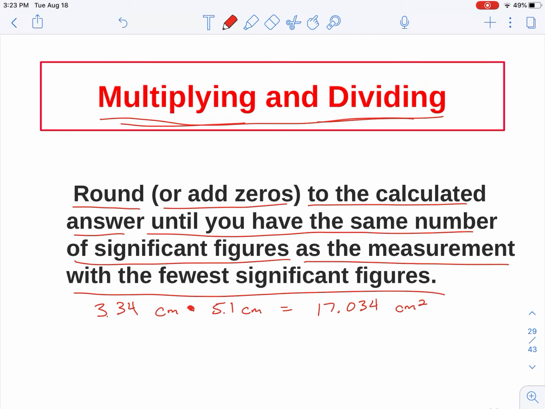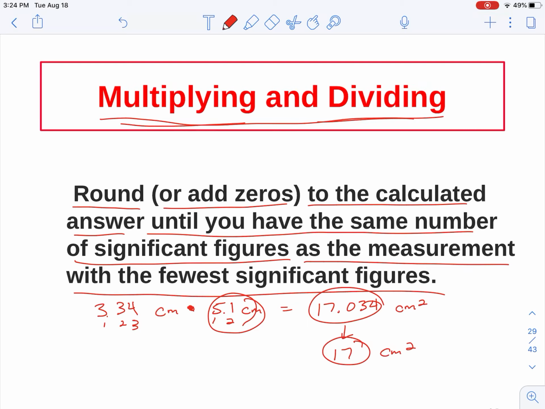That's a little too much accuracy that we don't necessarily have based on our instruments. So you have 1, 2, 3 sig figs, 1, 2 sig figs. Our answer is only going to have 2 significant figures, based on the measurement with the lowest amount of significant figures. So you're going to look at this number and round it to 2 sig figs. It would be 17 centimeters squared.